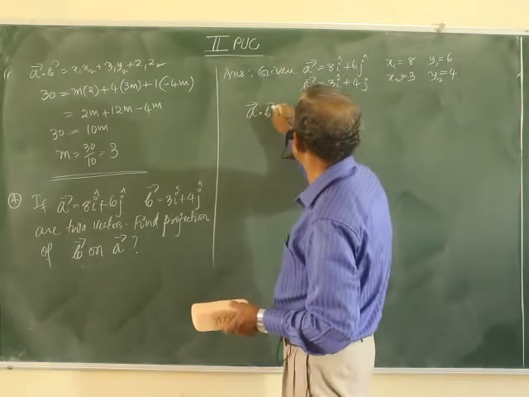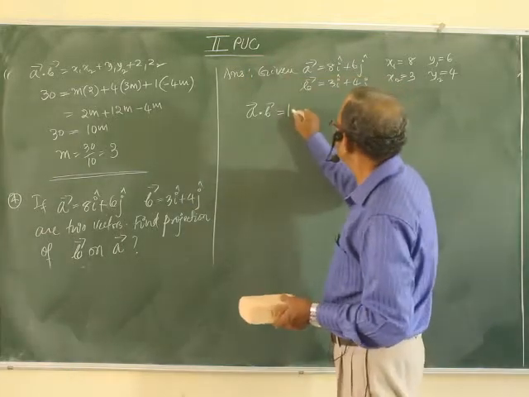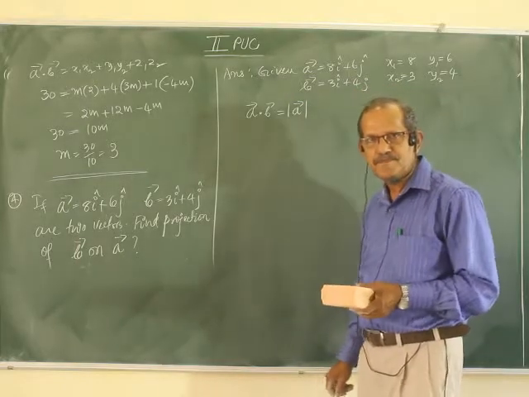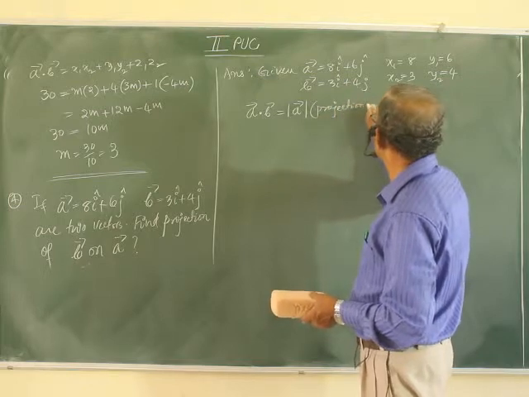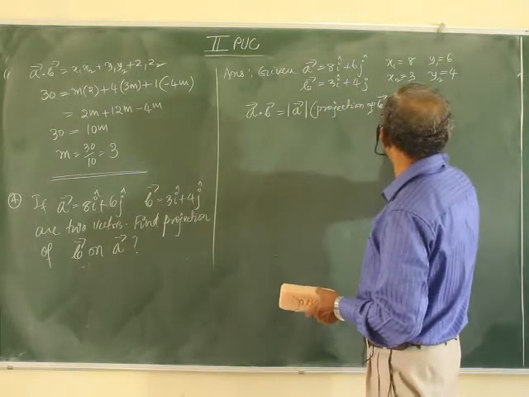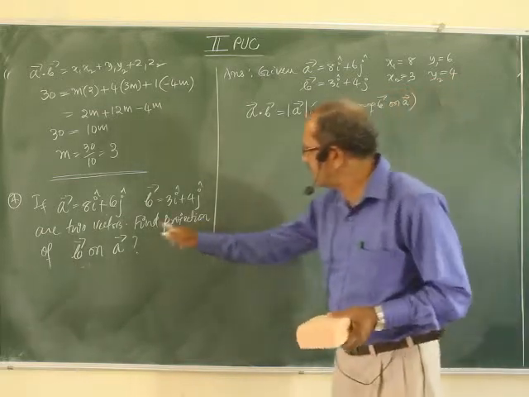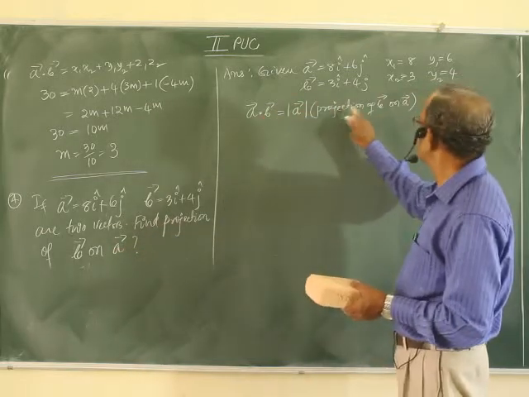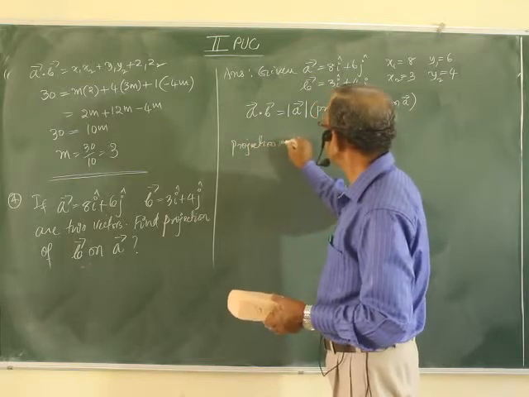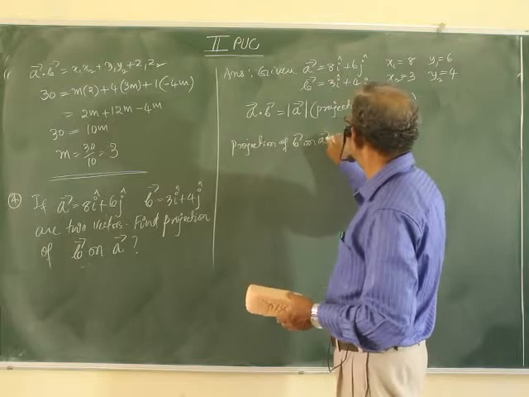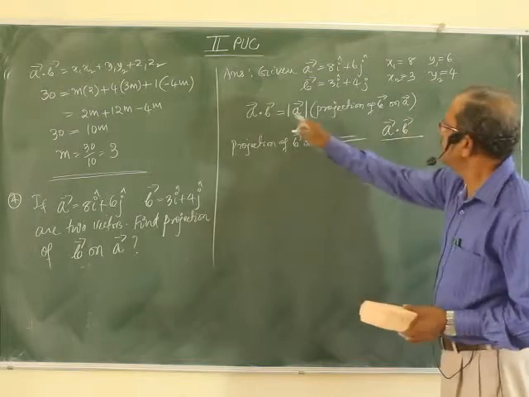A dot B equal to, the formula means not x1 x2 because you need the projection of the vector, mod A into projection of B on A. Go back to the formula list there. We need this one. Find the projection of B on A. So the projection of B on A is equal to A dot B by mod A.